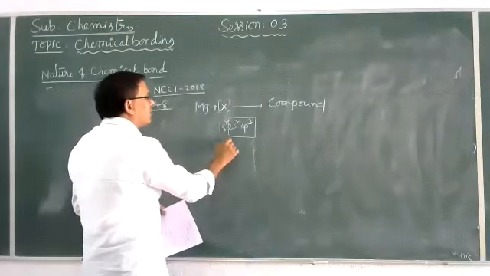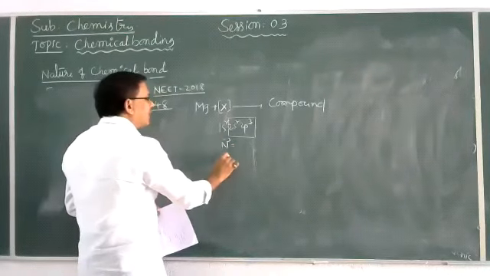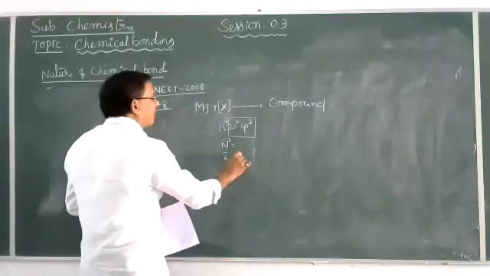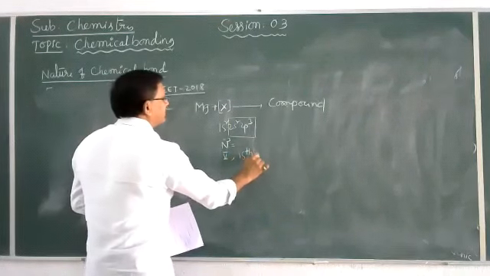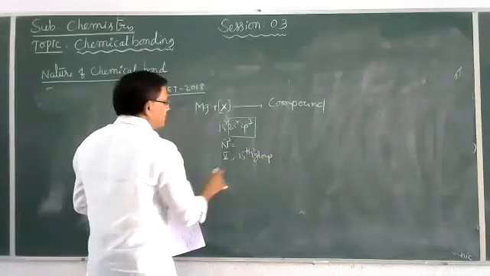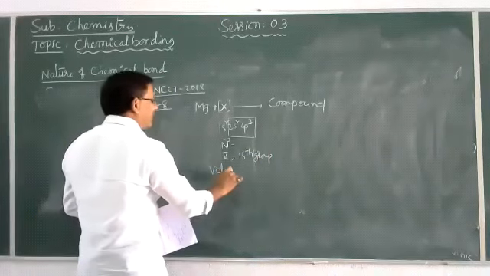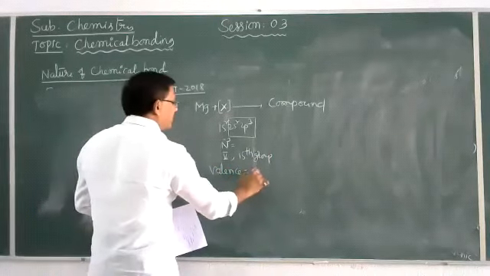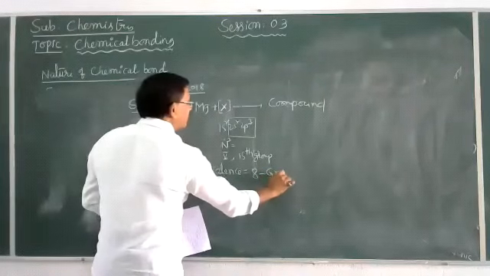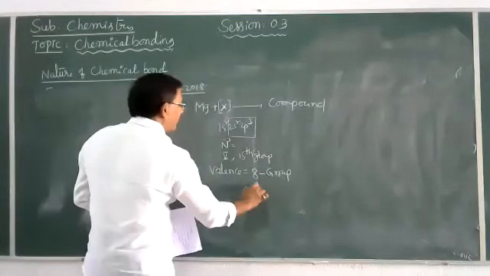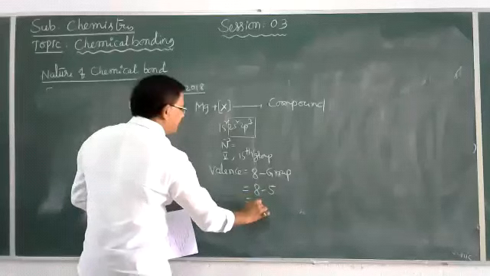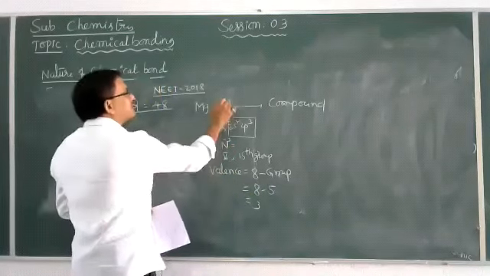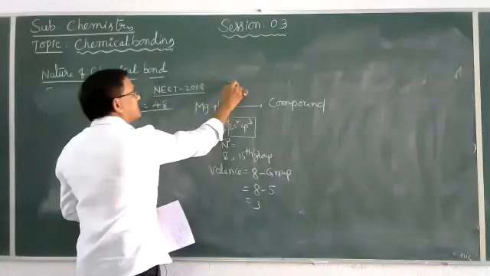It shows -3. It is a 15th group element. Generally, valency combining capacity is equal to 8 minus the group number. Now here 8 minus 5 is 3 valency. That's why this X exists as -3.